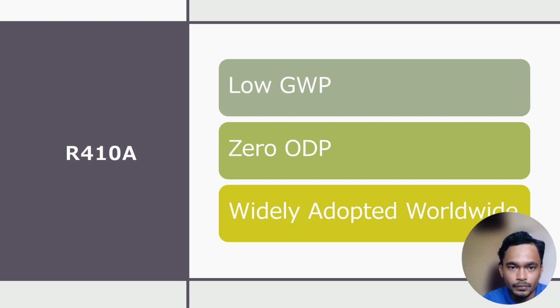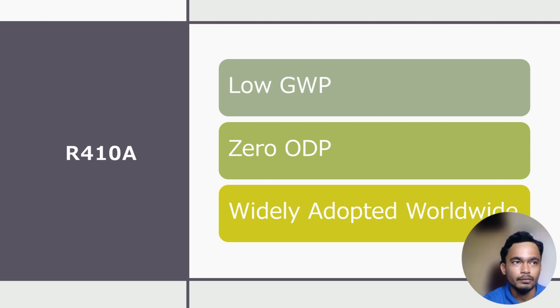So meaning that it is available, let's say in Malaysia, most parts of the country apply or implement this refrigerant in their systems, so it is available almost everywhere.